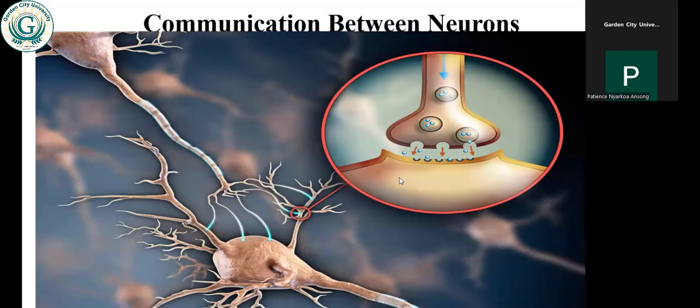At rest, the inside here is minus 70. The membrane potential along this cell membrane is minus 70 millivolts. The space between neuron 1 and neuron 2 is called the synapse. Within the synapse, some chemicals are released. They are called neurotransmitters. I'll explain more when we get to this topic. These chemicals are the ball-like structures you see.